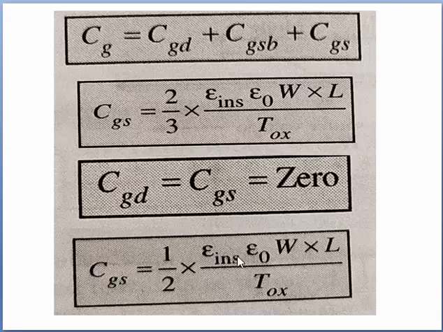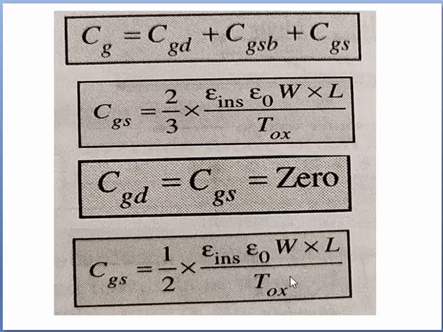And third is non-saturation mode, where VGS minus VTH is greater than the drain to source voltage. By this the channel is created. Gate to source and gate to drain capacitance depend upon the voltage present on the gate terminal. So the gate to source capacitance is equal to 1/2 epsilon naught WL divided by TOX.